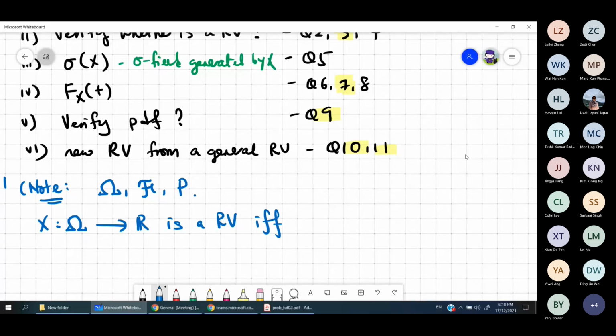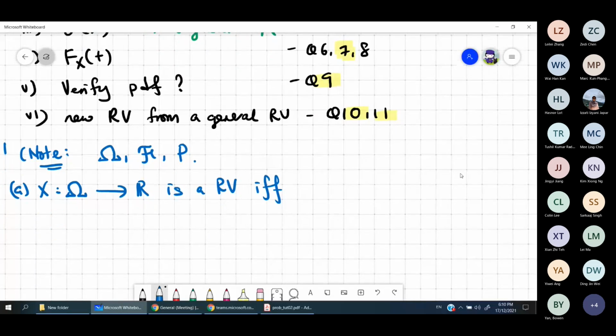okay, maybe one by one. Okay, A. So this is a random variable if and only if this condition holds. That is, {X less than or equal to b} belongs to F for any real number b.